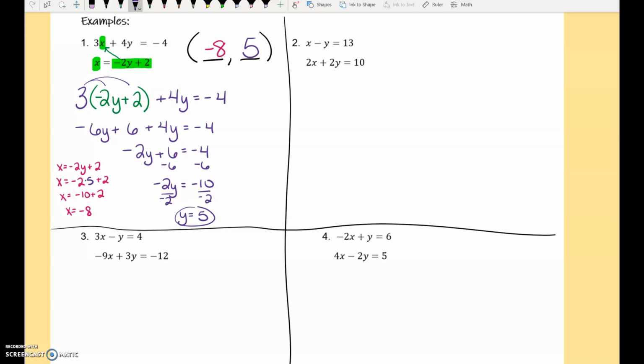We don't want to have to do any division or crazy stuff to get a letter by itself, but I could easily add y to both sides and end up with x equals y plus 3. So I just added y to both sides. Oops, plus 13, not 3, right?